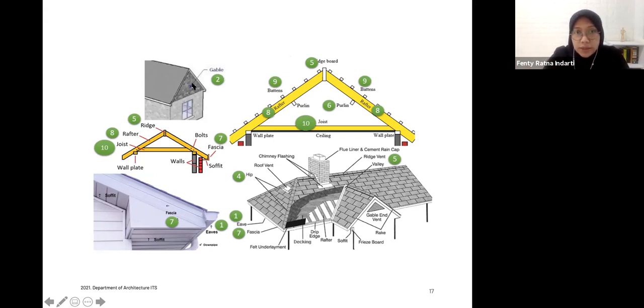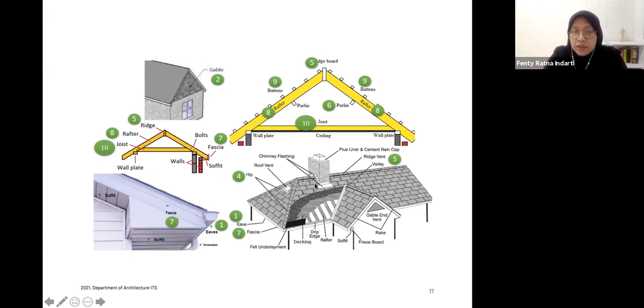So this is the gable if you are using a gable roof. And then you have rafter, purlin, joist, and the ceiling. The ceiling here is attached directly to the joist, but you can do another approach, which is to hang it underneath, so it doesn't have to attach to the joist.